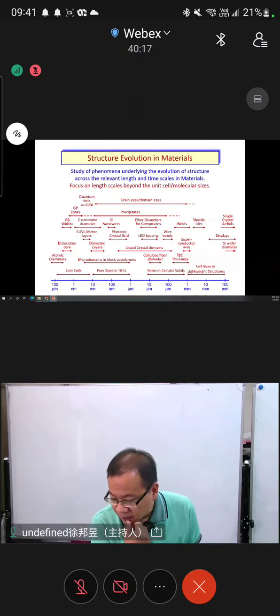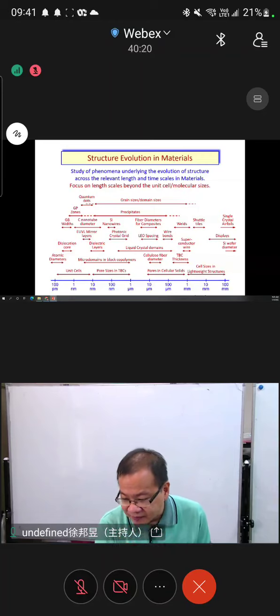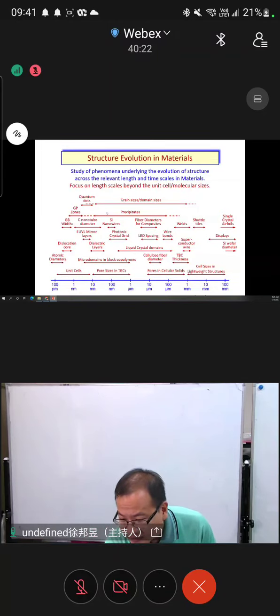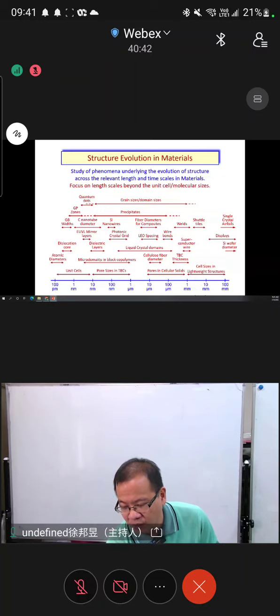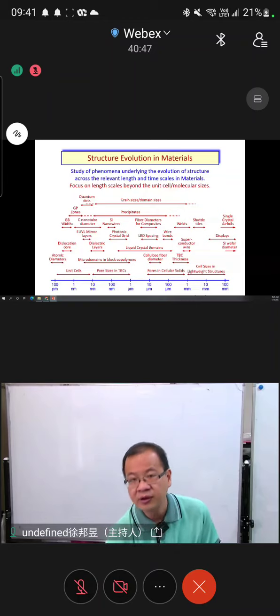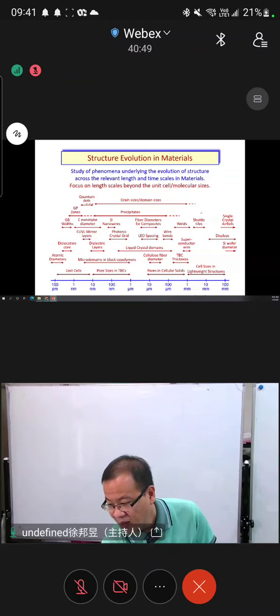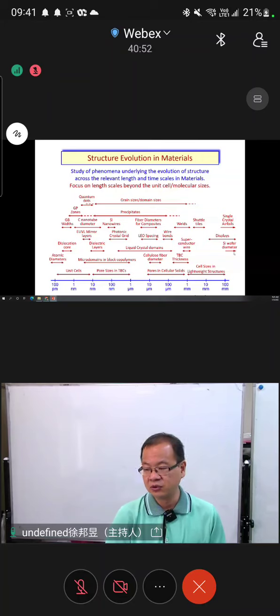Okay, let's look at the slides again. You can see a lot of different interactions between the structure and the material, like the grain boundary width, its location, how your atoms diffuse, how large your unit cell is, and then how to grow microdomains in the polymer system. It's all about kinetics. And then you can look at the larger size, like wow, wafer size is also controlled by kinetics.